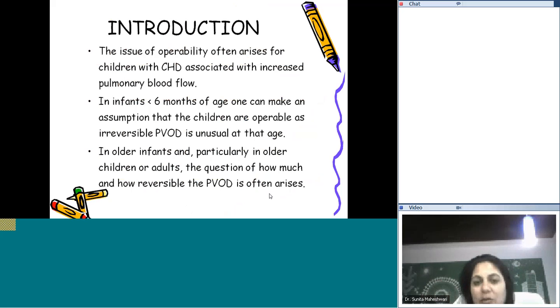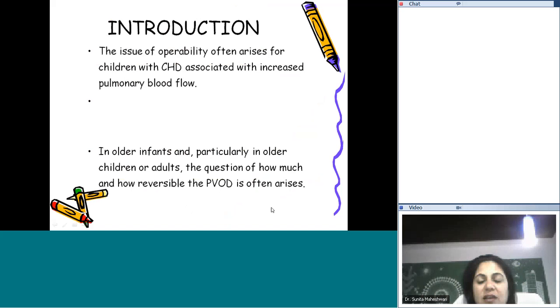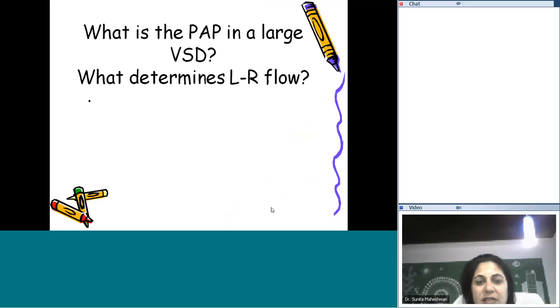But those are quite unusual. Generally, if you're less than 6 months, it's unlikely that you would have become inoperable. But especially in kids over 1 year, in older children and adolescents, this is often an issue: is the pulmonary vascular disease reversible or not?